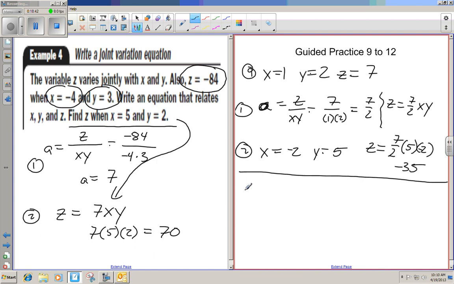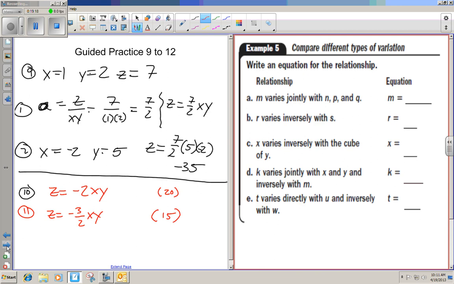I would pause the video at this point if you want to actually know what you're doing. So the equation for number 10 is z equals negative 2xy, and then the answer should come out to 20. Number 11 looks like z equals negative 3 halves xy, and your answer would be 15. So I think you got that down.